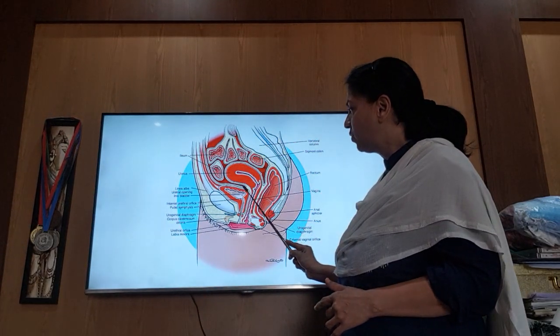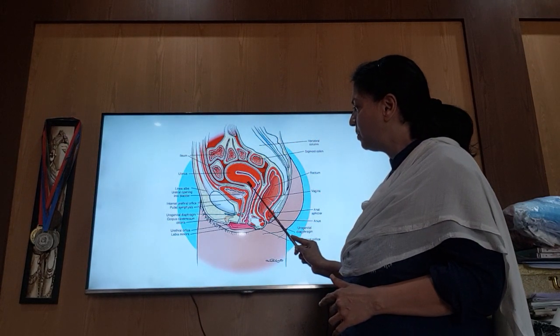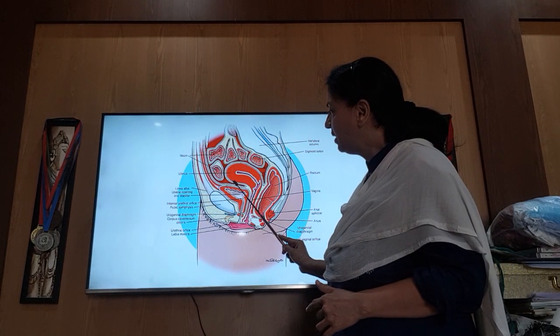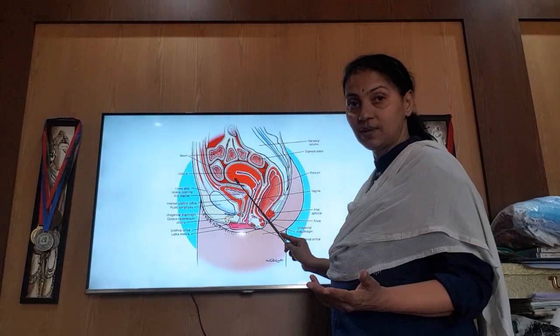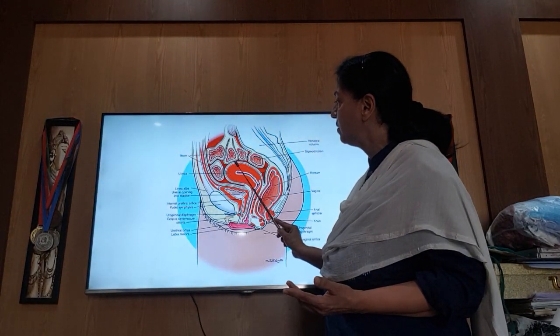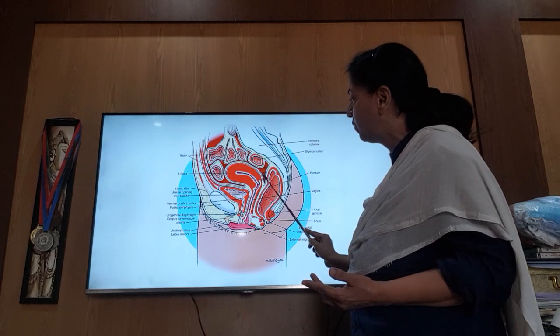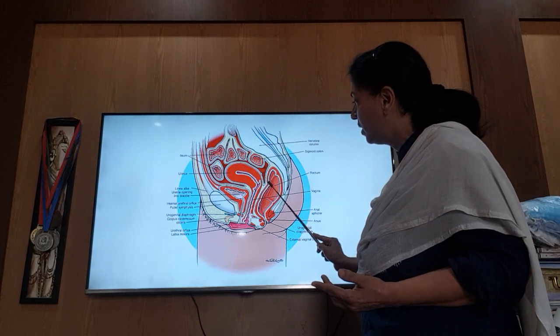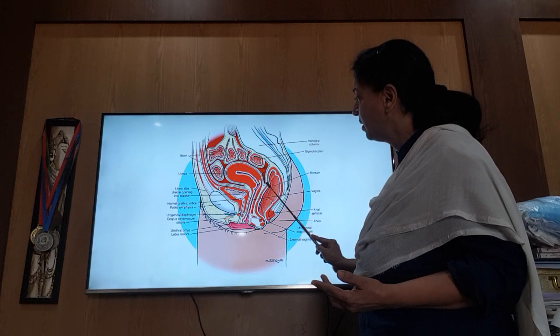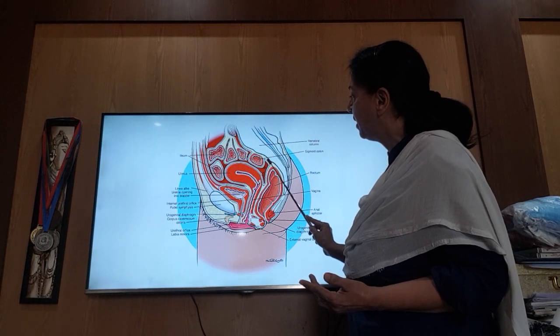And between these two, this peritoneum is reflected back and covering the anterior or inferior surface, you can say, of the uterus. Then this is the fundus of uterus, this is superior or posterior surface of uterus, and again going down between rectum and uterus and again reflected back like this.